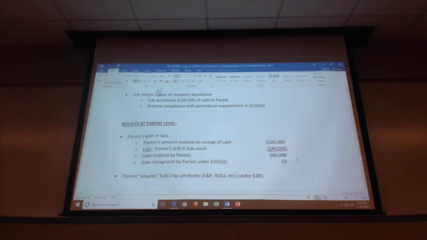Why is the rule here different than it is in the context of a regular 331 liquidation? Basically, to avoid multiple levels of taxation and to enable corporate groups to reorganize without getting slammed with excess tax liabilities.